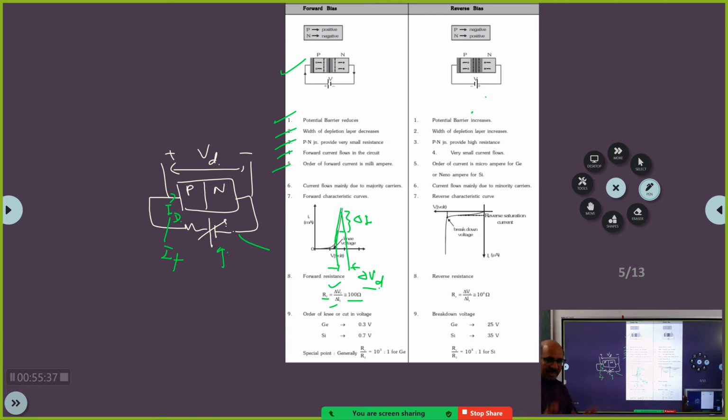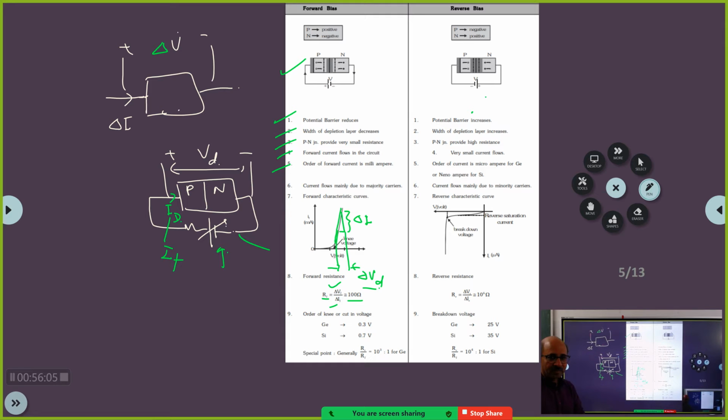The very definition of resistance is like that. See, what is the concept of resistance? Supposing there is a device. If you change the voltage across it by delta V, there is a corresponding change in the current.